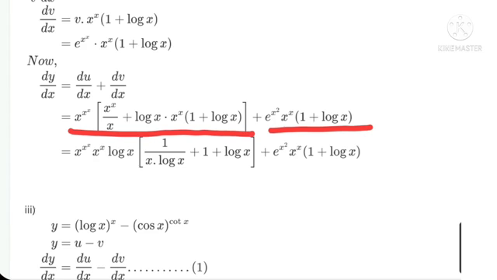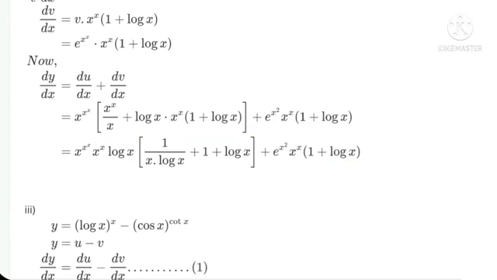Now finally what is the common? x raised to x, log x. What remains? 1 upon x log x plus 1 log x. Here this is as it is. Okay, here the second example is completed.